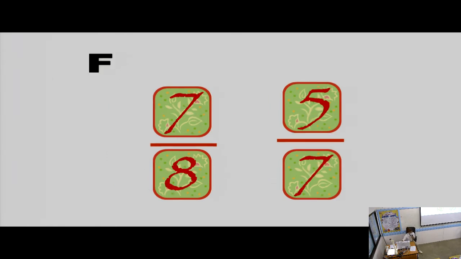Last. We have 7 over 8 and 5 over 10. What are we going to use? Answer is?